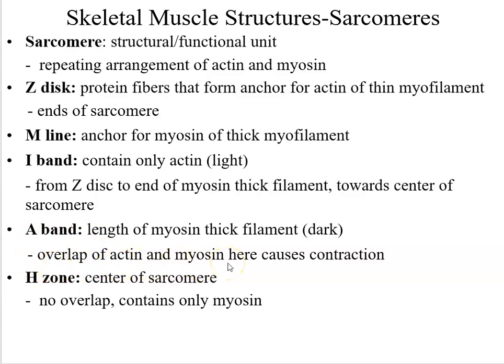And it's this overlap where actin and myosin can meet, where thin and thick filament touch, and the thick filament can grab the thin filament. That allows contraction to occur. This last area is the H zone. It's right around the M line where there's no overlap and only myosin is found.